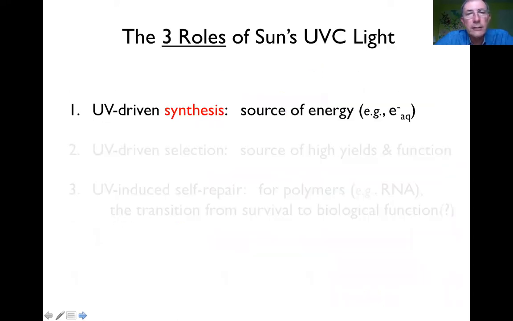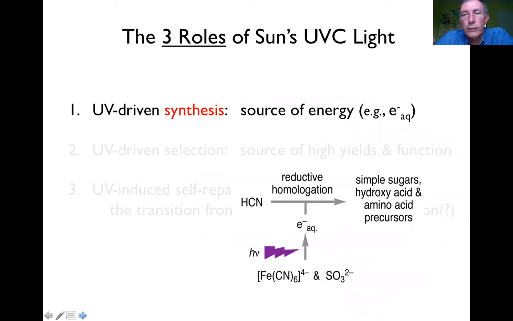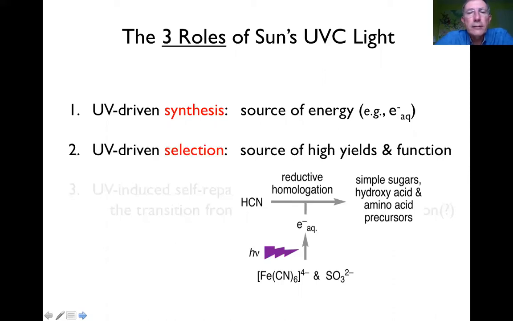So let's start with the synthesis. In fact, it's difficult to just start with the synthesis, which is this sequence here. You know, UVC light produces hydrated electrons, homologation, and simple sugars. I would add to this the selection, because you will see that you can't separate one from the other. As soon as you start this process, and this simple diagram at the bottom here is already 7 steps of its own, you have to start worrying about high yields and function, even at that level.